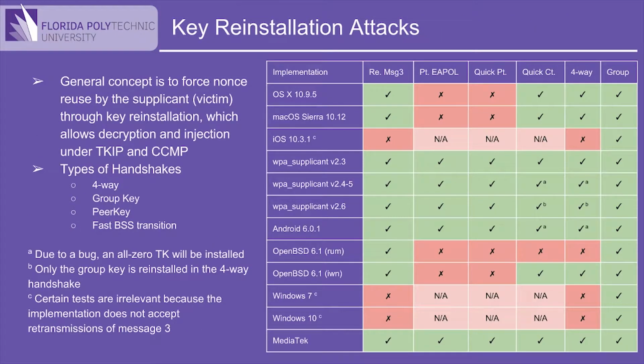Okay, so now to get into the key reinstallation attacks, which is the main point of why they're called KRACK attacks, key reinstallation attacks. The general concept is that you're going to be forcing a nonce reuse by the victim through key reinstallation, which is then going to allow the decryption and injection under TKIP and CCMP.